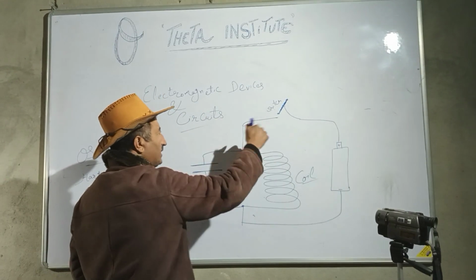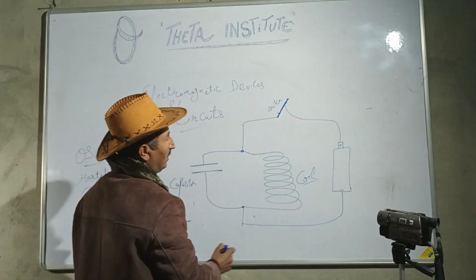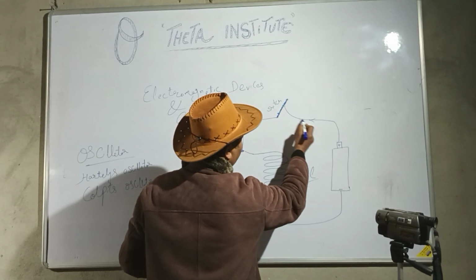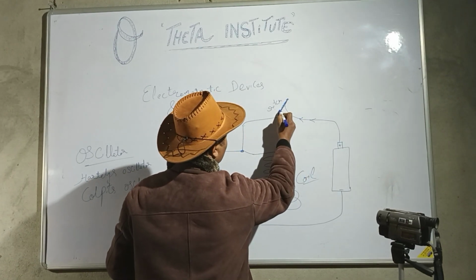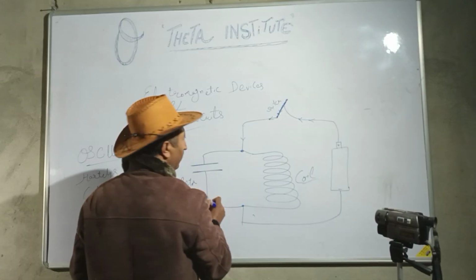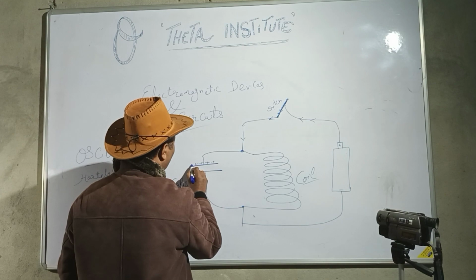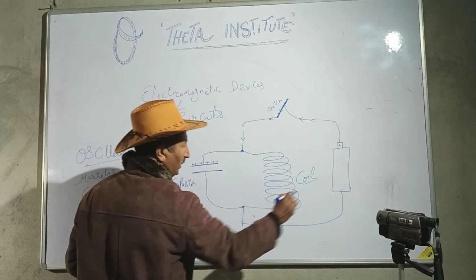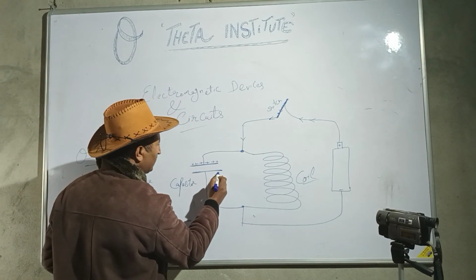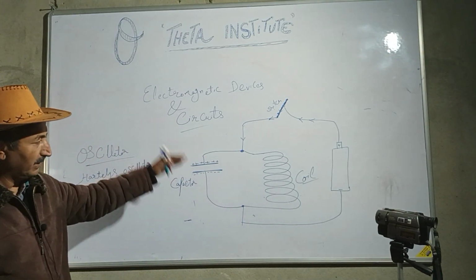When we press it and make a connection, electric current will flow through this switch and go here. Positive electric current will be stored here and negative current will be stored on the other plate.